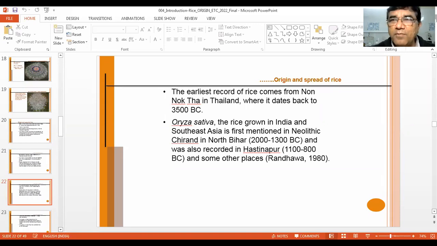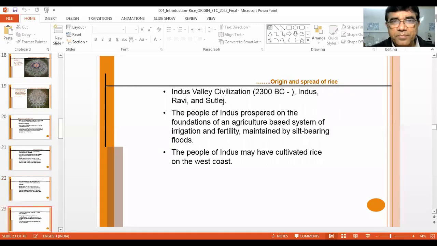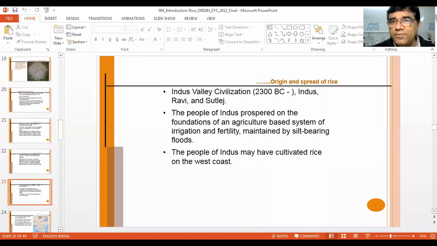They are freely available on the internet: History of Indian Agriculture by M.S. Randhawa, 1980, volumes 1, 2, and 3. All sorts of history of agriculture is given there. The Indus Valley Civilization prospered on the foundation of an agriculture-based system, and the people of the Indus Valley used to grow rice.